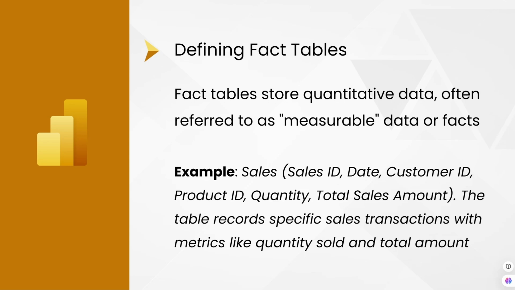Columns might include sales ID, date, customer ID, product ID, quantity, and total sales amount. Each row represents a single transaction, capturing details like the quantity sold and the total amount. These are specific, measurable metrics that answer what happened during a business process, in this case, a sales transaction. Fact tables serve as the core data source for calculations, reporting, and analysis.